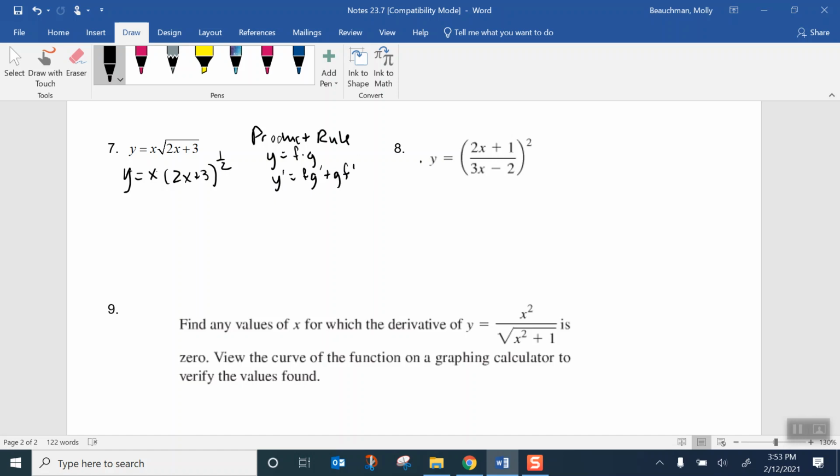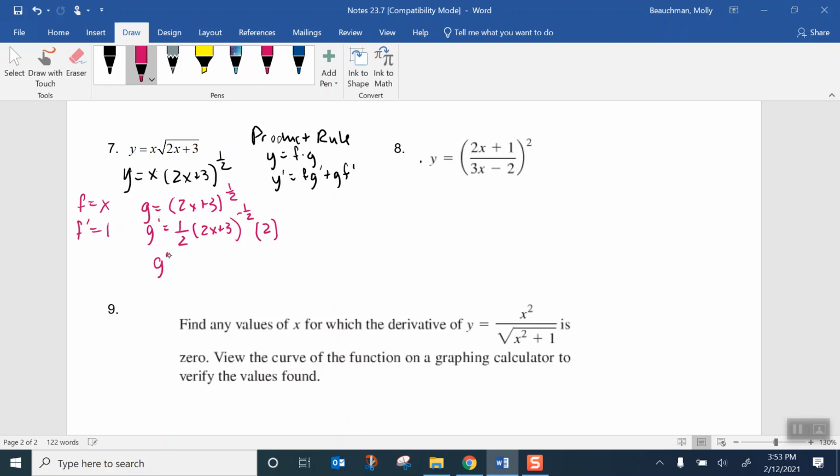So I've got to apply the power rule, and then we're going to end up applying the chain rule at the same time. So I'm going to let f equal x, g equals (2x + 3) to the power of 1/2, f prime is equal to 1, g prime is equal to, here's where the chain rule comes in, 1/2 times (2x + 3) to the power of 1/2 minus 1, which is negative 1/2, times the derivative of the inside, which is 2.